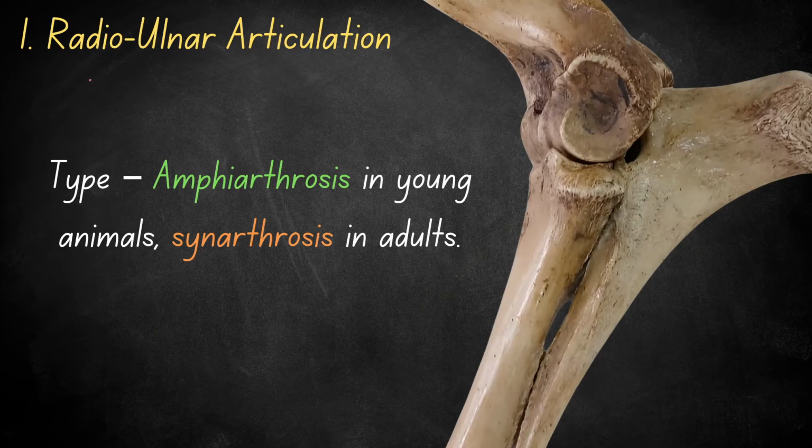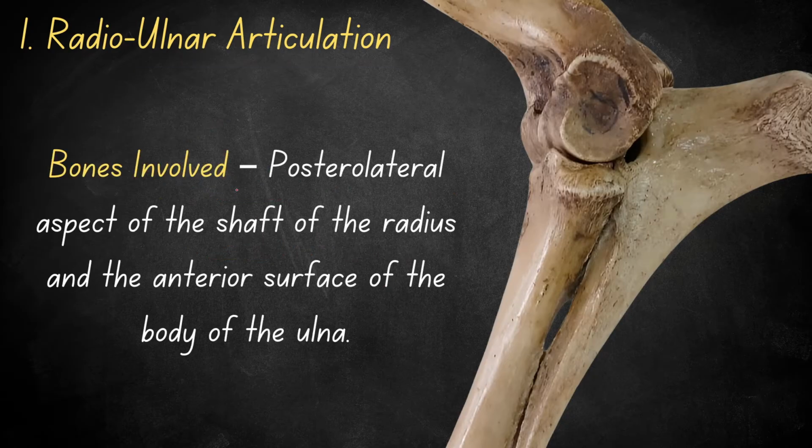So first we will discuss radio-ulnar articulation. So the joint is amphiarthrosis, means cartilaginous in young animal. It becomes synarthrosis, means fibrous joint in the adult. So what are the bones involved here? This articulation is formed by posterolateral aspect of the shaft of the radius.